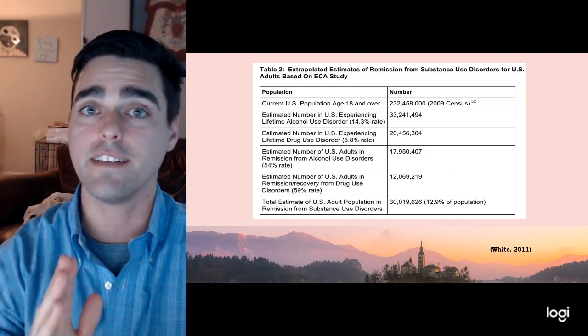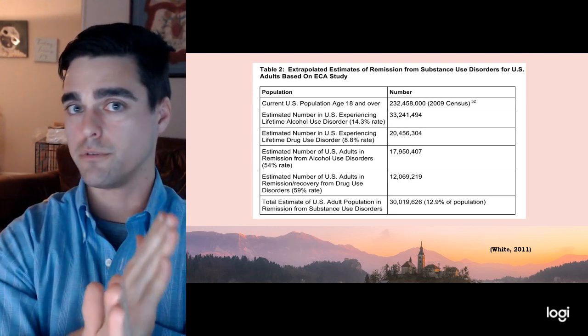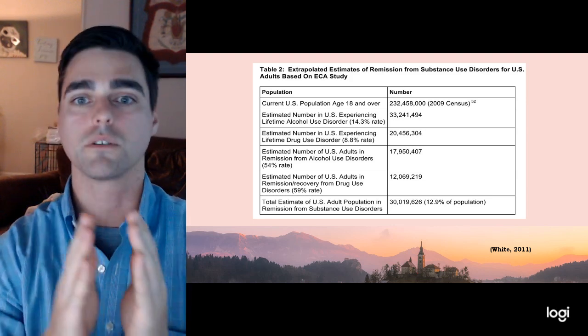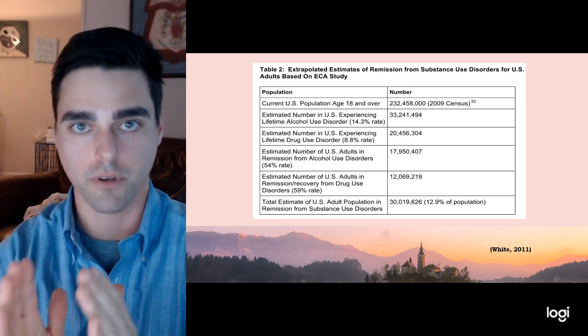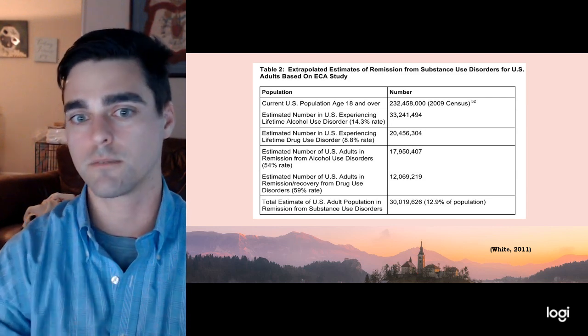And in this case, that's a recovery that's below the threshold for a diagnosis. That's not addiction, right? We're not talking about addiction. We're talking about recovery. And we're talking about no longer qualifying for a diagnosis.